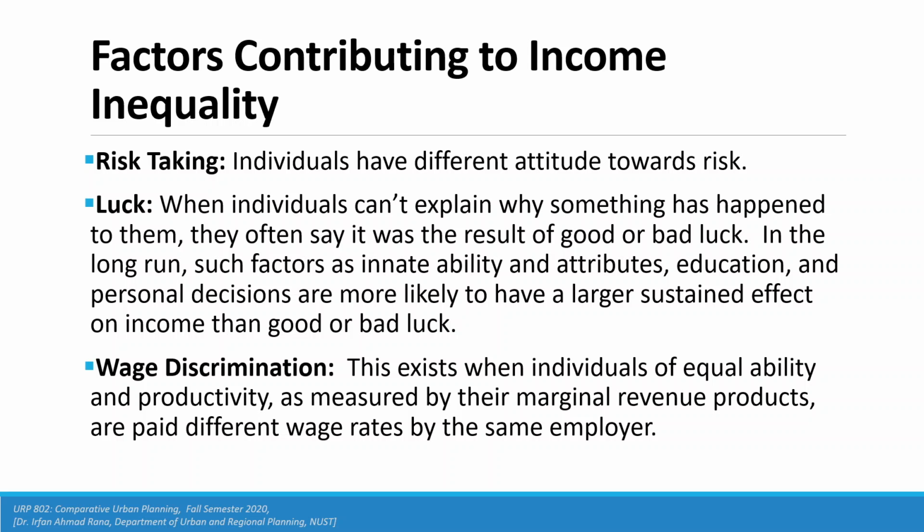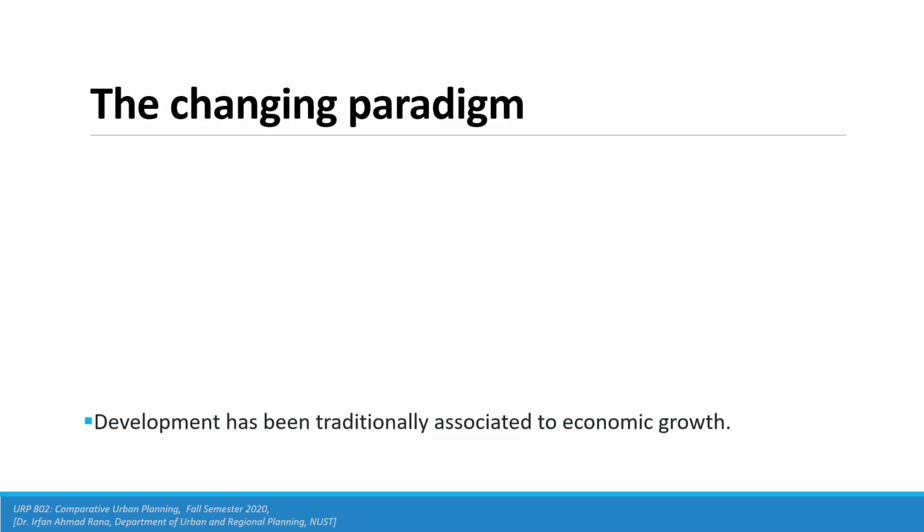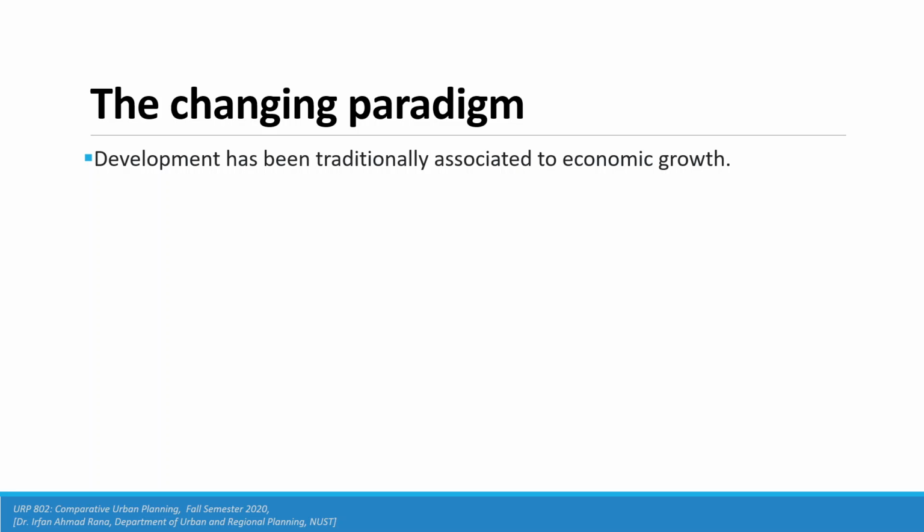But what about from an urban planning perspective? There was a change in trend from economically oriented inequality measurement or disparity towards a more human development component. Traditionally, inequality has always been measured or seen in terms of economic growth or poverty.